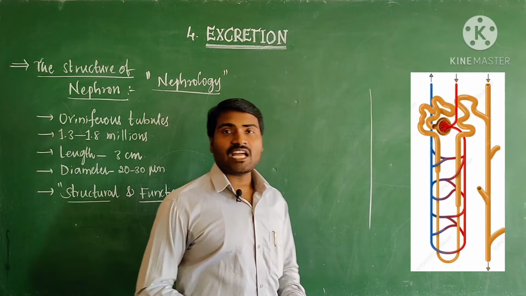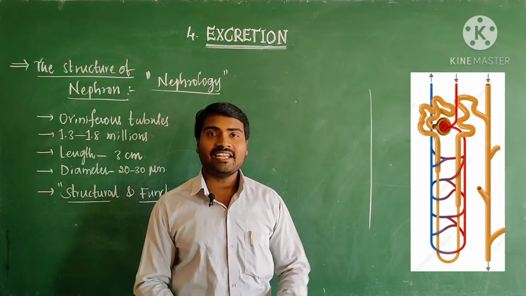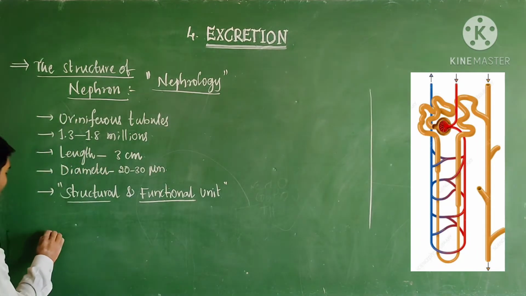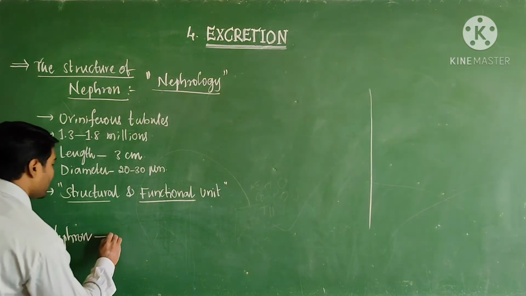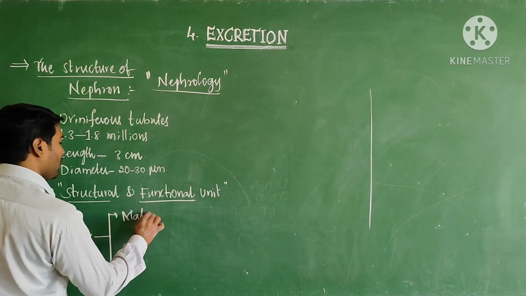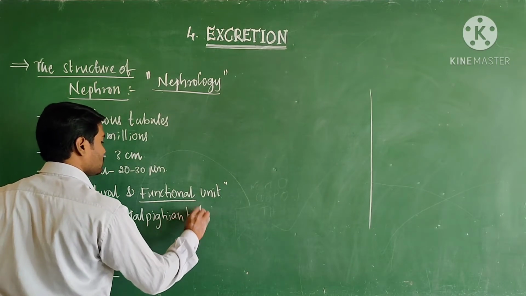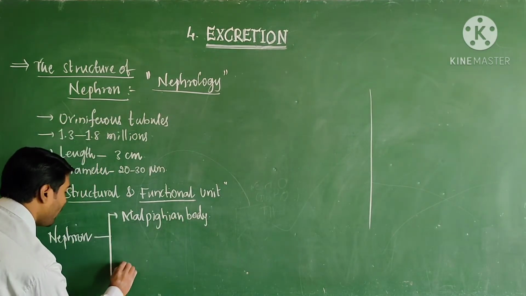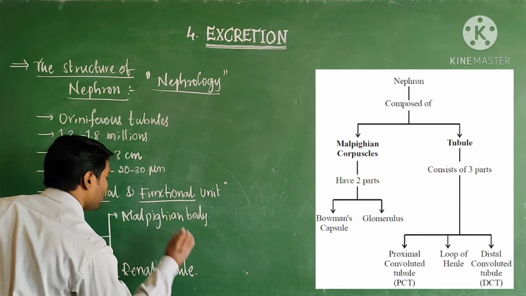Let us see its structure. When we see the structure, it is divided into two distinct regions. A nephron shows two regions. One region is called the Malpighian body, and one more part is called the renal tubule.